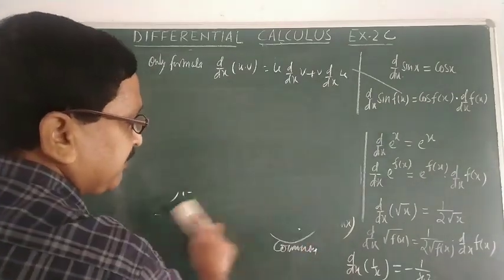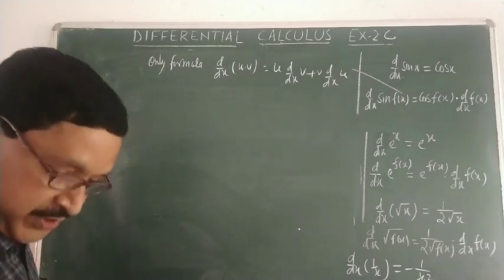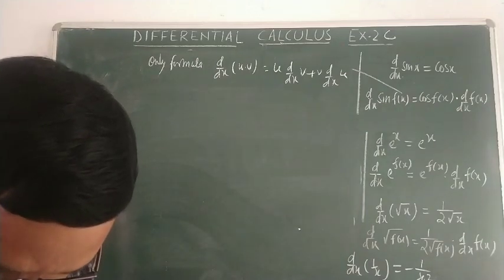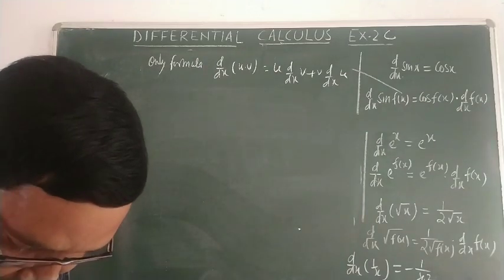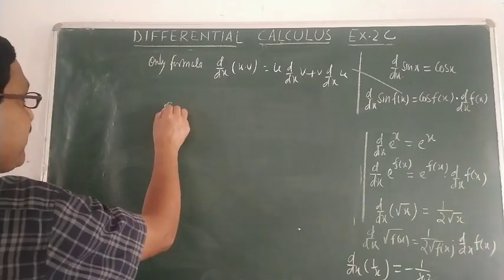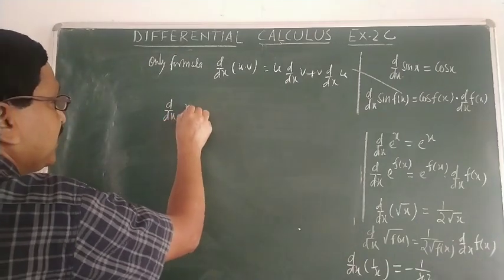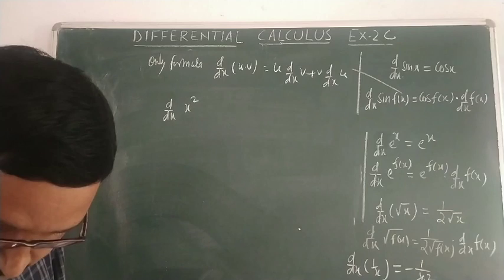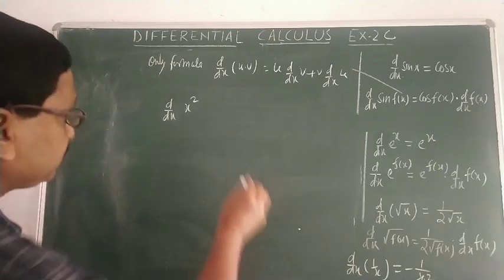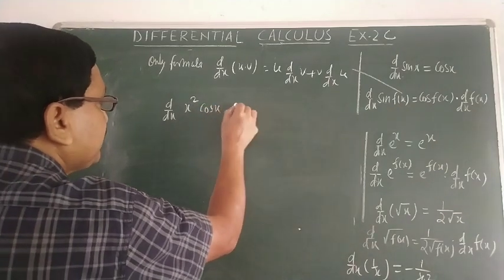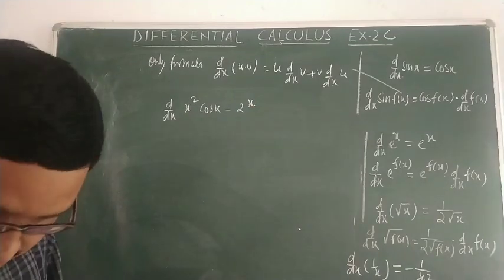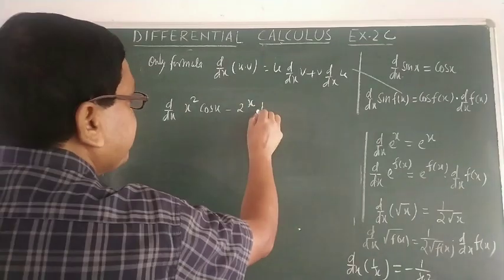And the last problem of 2C exercise is a very short exercise: d by dx of x square cos x minus 2 to the power x tan x.